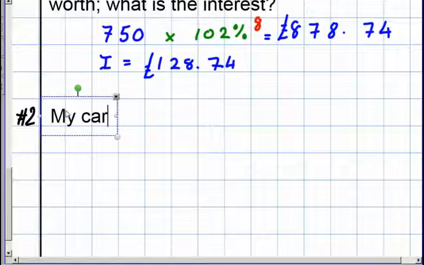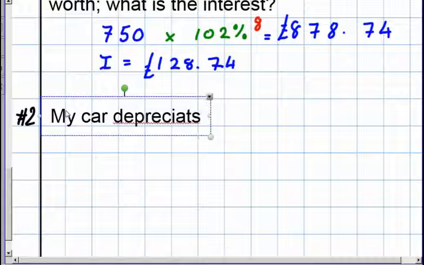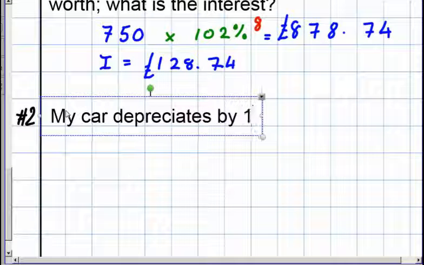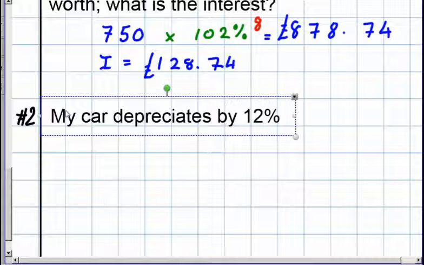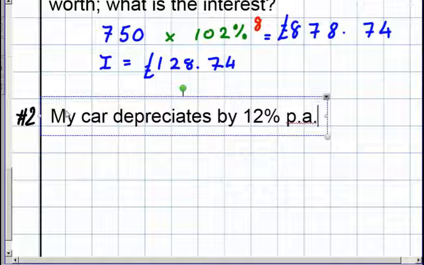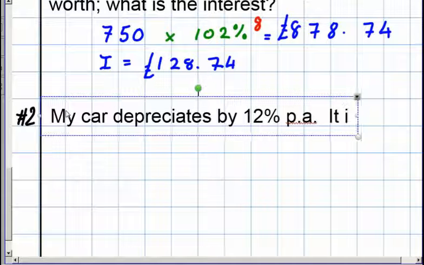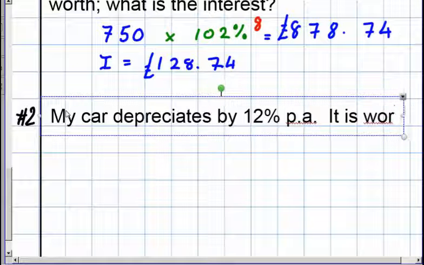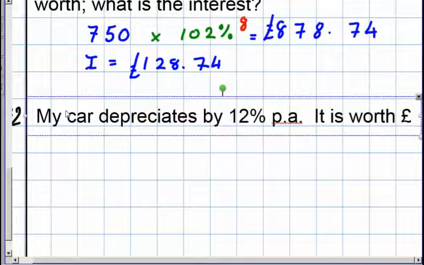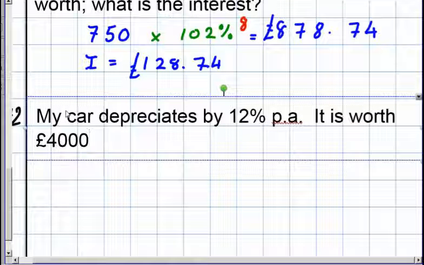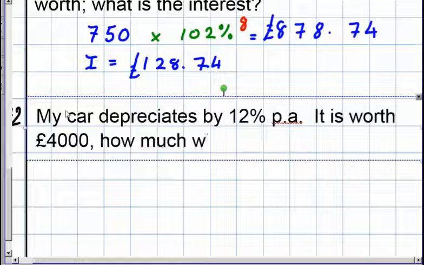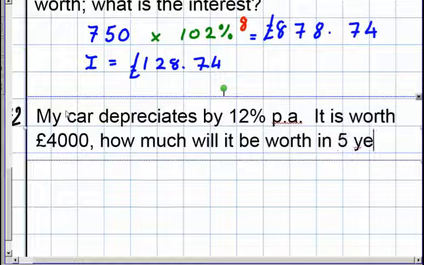My car depreciates by, it's quite a bit, I'm told, 12% per annum. Let's take a really expensive car. It's worth £4,000. How much will it be worth in 5 years?